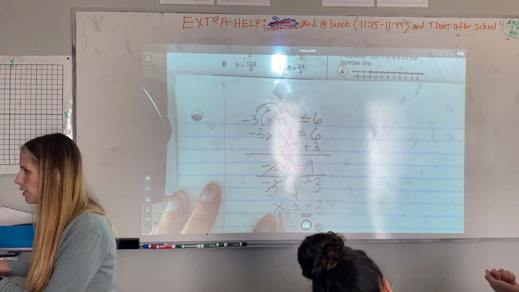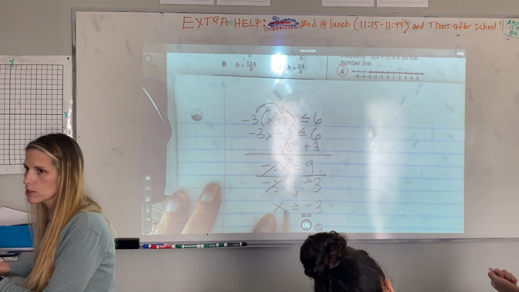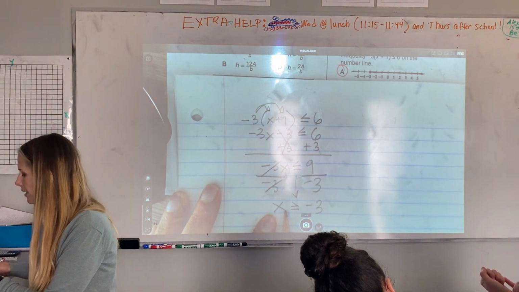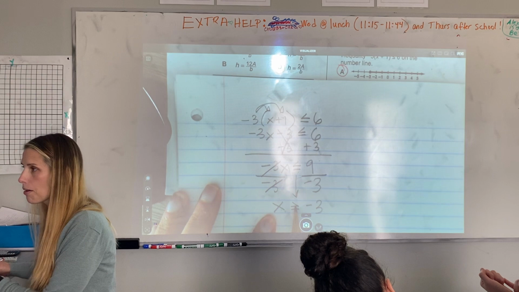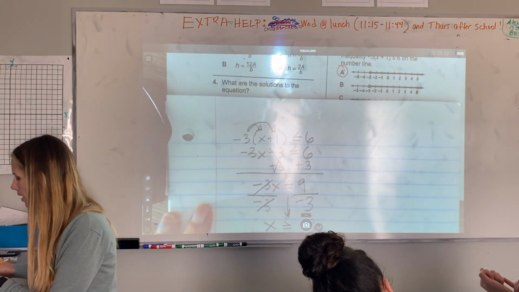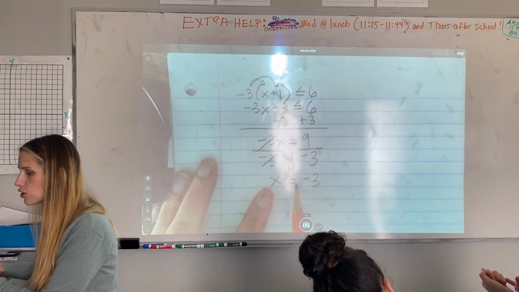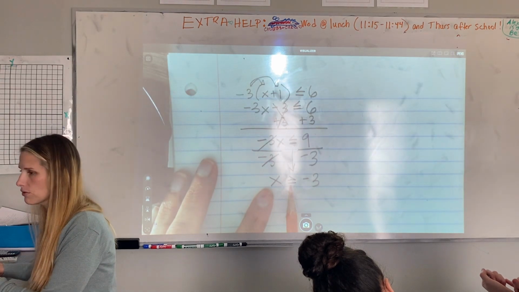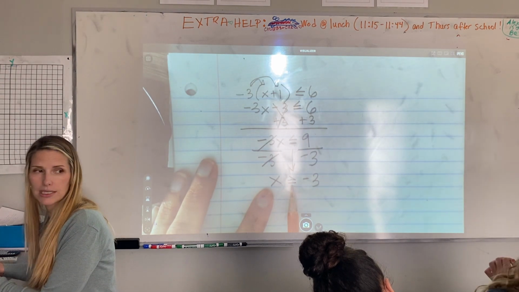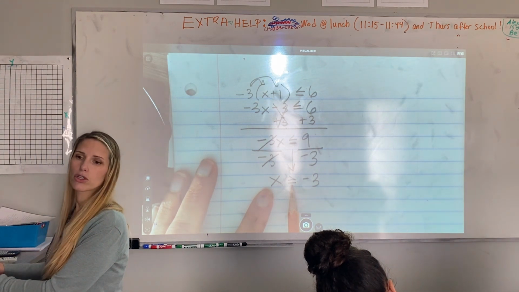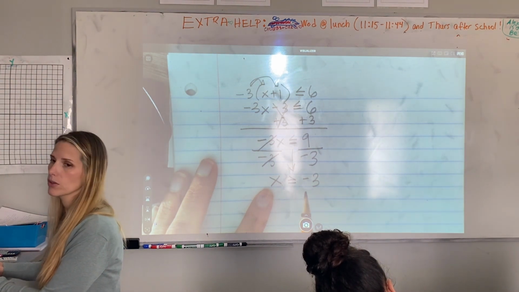The value for x, or the values for x, have to be greater than, which is bigger than or higher than -3, and it must include -3, right? The or equal to says that the -3 is included, okay? Bella, focus, okay?